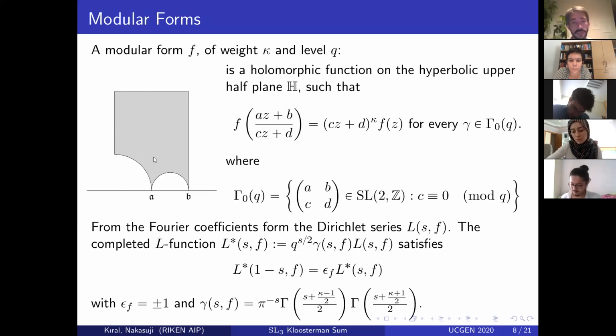So this is something similar. In that case the parallelogram would be a fundamental domain, a fundamental region. Here, this thing I've written is also a fundamental domain: when you tessellate this gray region with hyperbolic translations, you obtain the whole hyperbolic upper half plane.